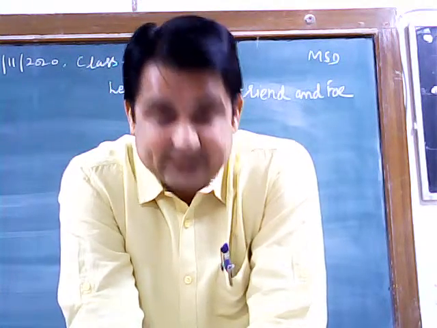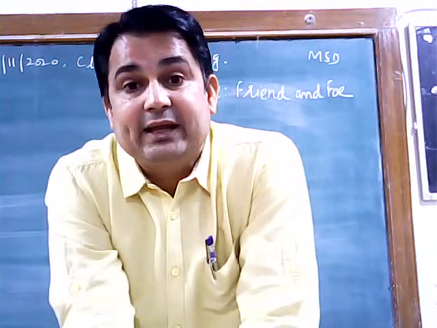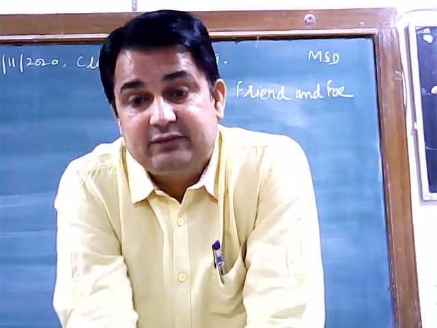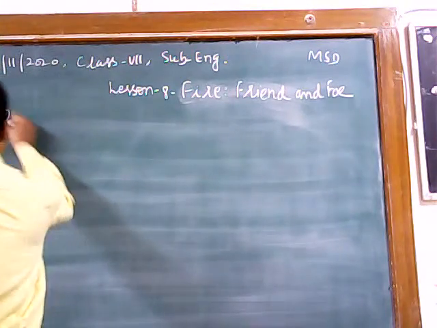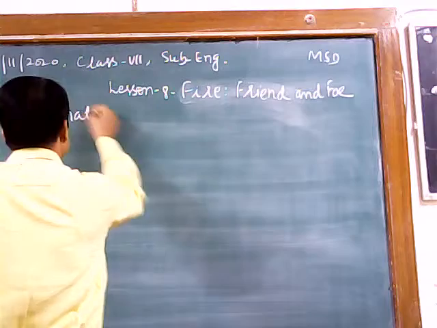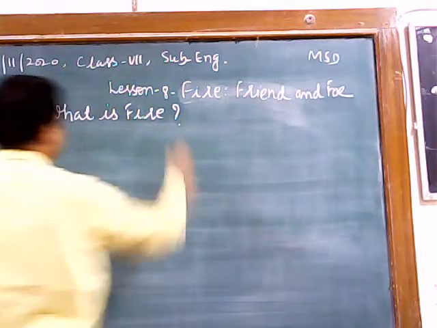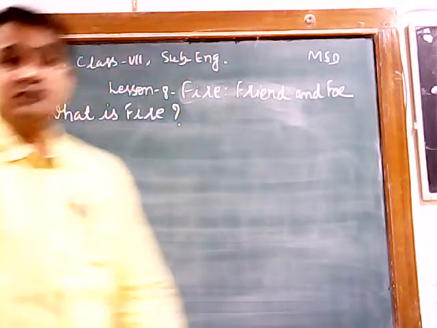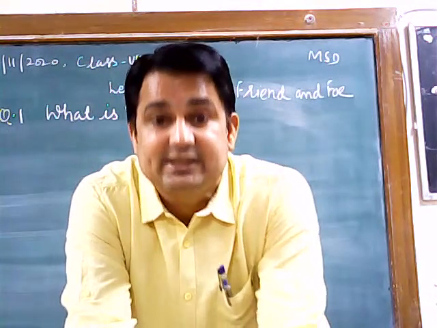So what is fire? Fire is the result of a chemical reaction. The lesson begins with what is fire. Okay, first of all, I am telling you the summary of the lesson so that you can understand it.